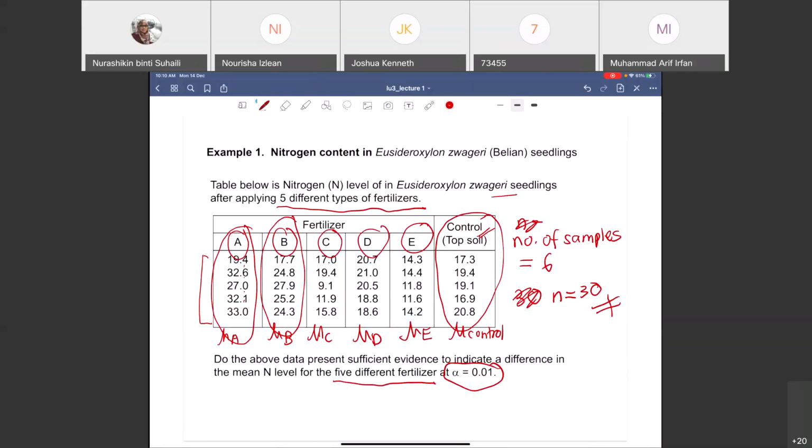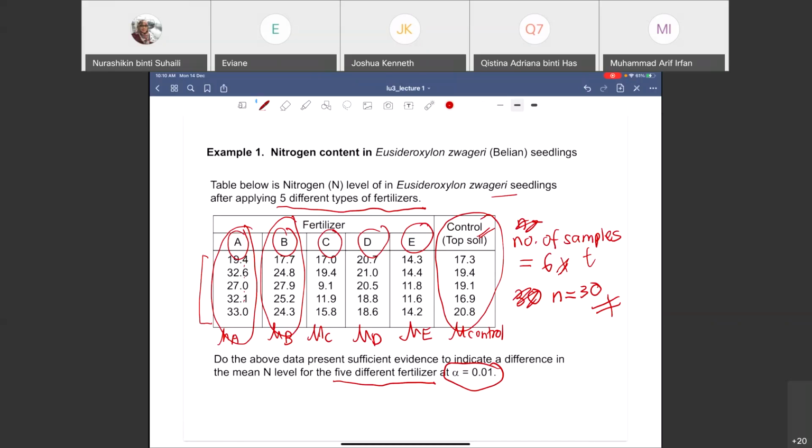Can I have some answer from you guys? How many treatments are there? How many samples are there? 6. Okay, so T is 6.